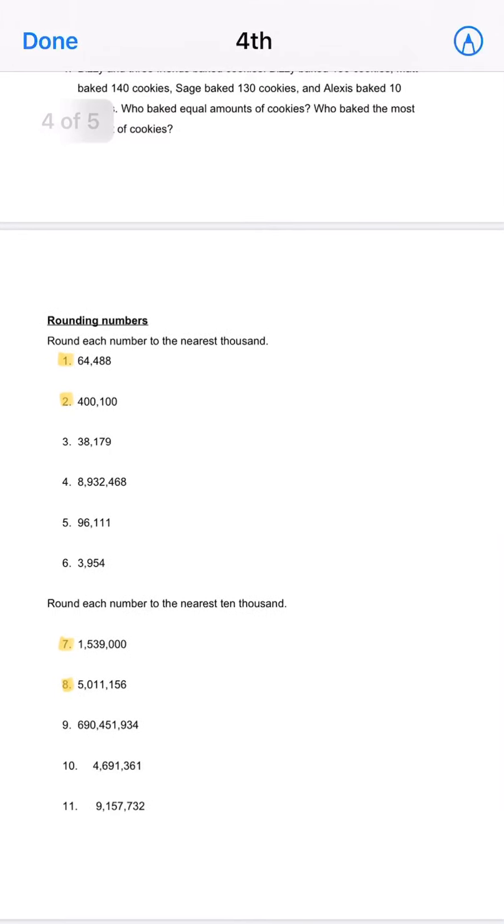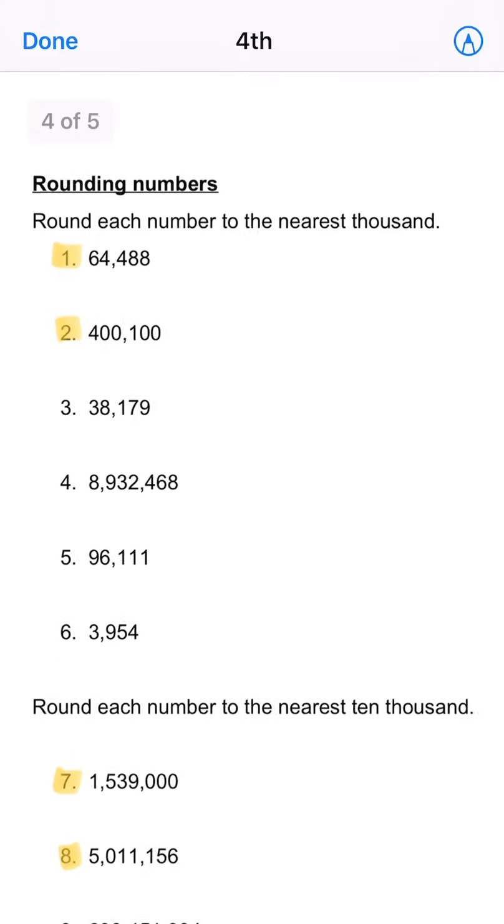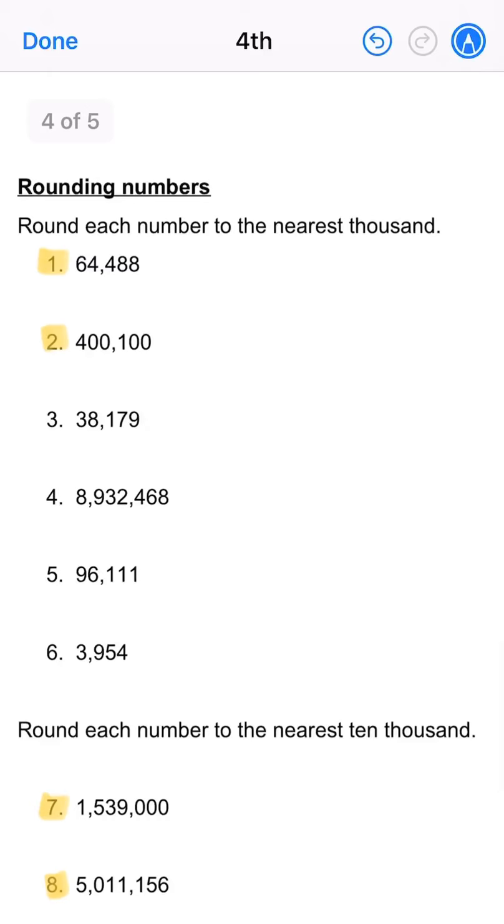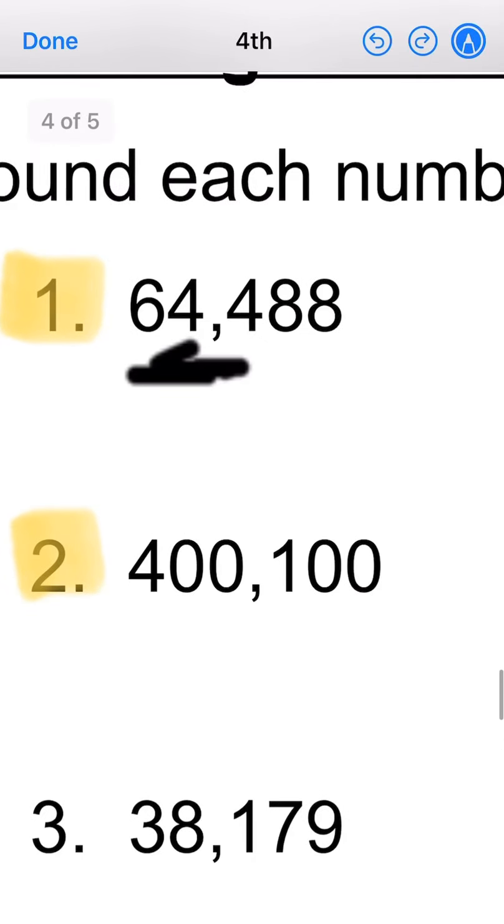The first set of problems says round each number to the nearest thousand, so we're going to go ahead and do that. The thousands place is right here where the 4 is. So we'll be looking at the next number, which is right here, the next 4. And 4 is less than 5, so we're going to round down.